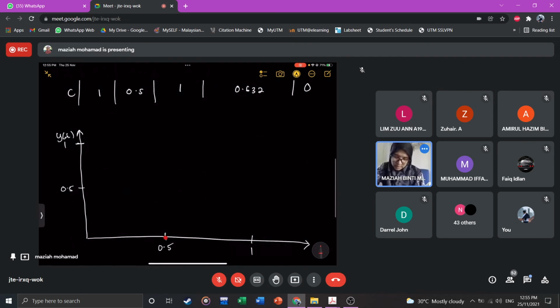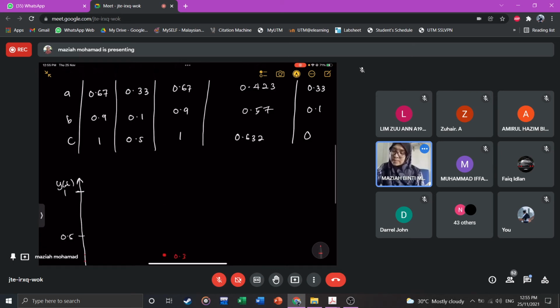Where is it? Here is 0.25, so around here. That is my sketching, I just predict that.